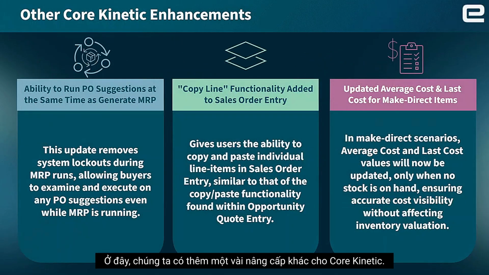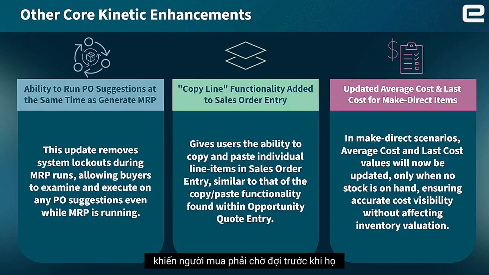Here, we've got a few more core Kinetic enhancements. The big one is the ability to run PO suggestions at the same time as MRP. In the past, when MRP runs, it would lock the system down, meaning buyers had to wait before they could act on any suggestions that were already created.